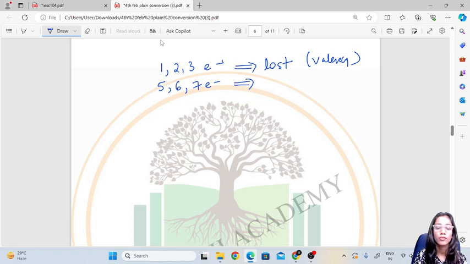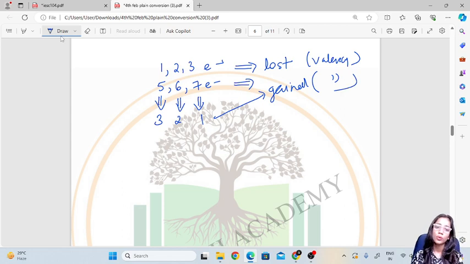In case of 5, 3 electrons will be gained. In case of 6, 2 electrons will be gained. In case of 7, 1 electron will be gained. So electrons are gained, and that is the valency.